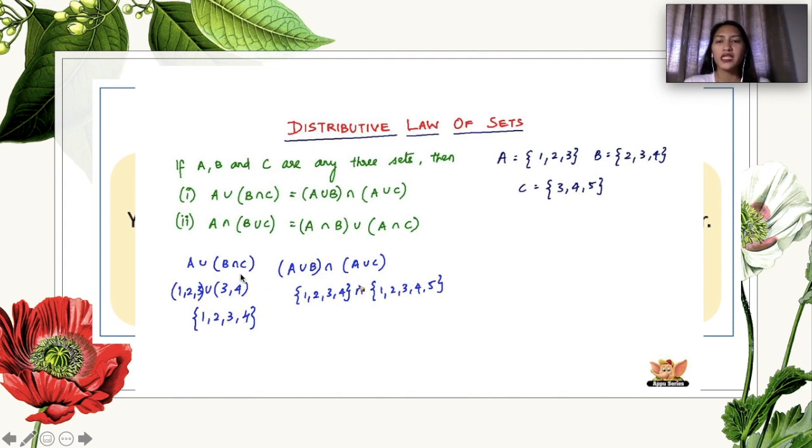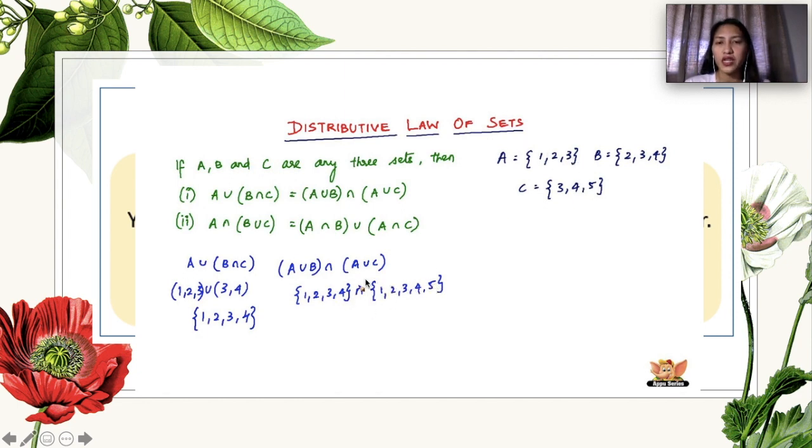Ngayon, try natin na gawin naman itong same operation using the distributive property. So, try natin ito naman yung gawin nito. A union B is 1, 2, 3, and 4. So, pinagsama mo sila. Tapos, yung intersection naman, ay mamaya mo pa gagawin pag ginawa mo na itong A union C. So, yung A union C, itong dalawa, is 1, 2, 3, 4, and 5.